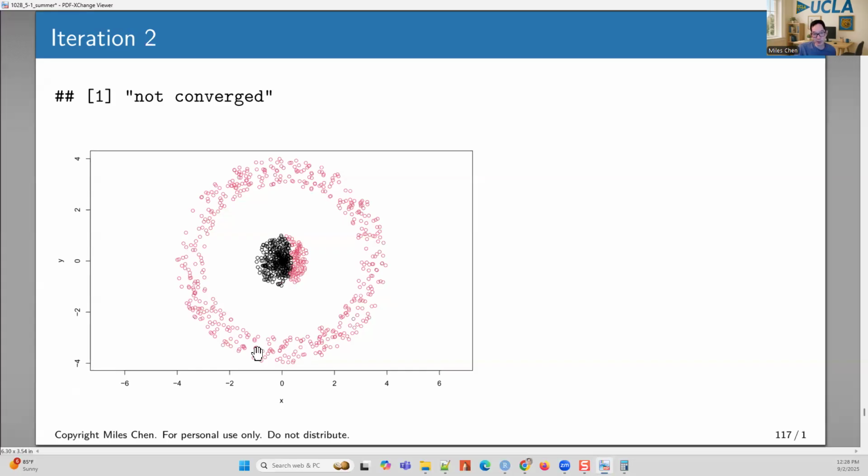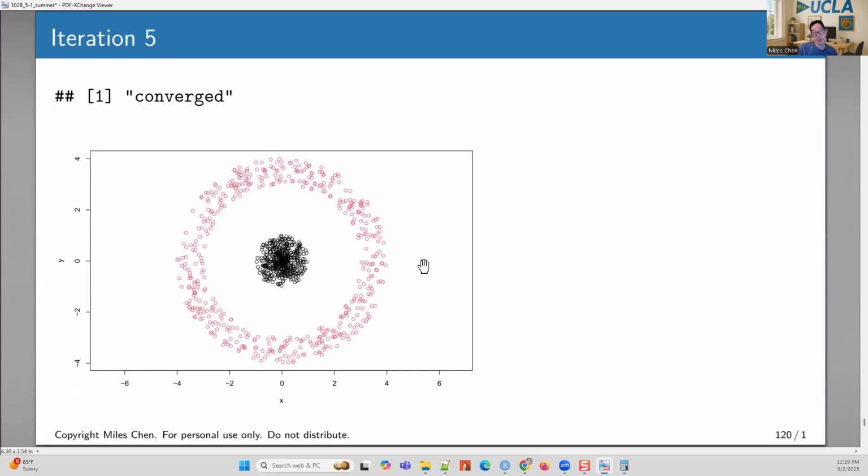All of these points have been clustered together, and some of the points in the center belong to one cluster and some belong to the other. We keep getting some reassignments, so we redo it. Here's another iteration after some reassignments. At the next iteration, we see no points get reassigned, so we would say it has converged.